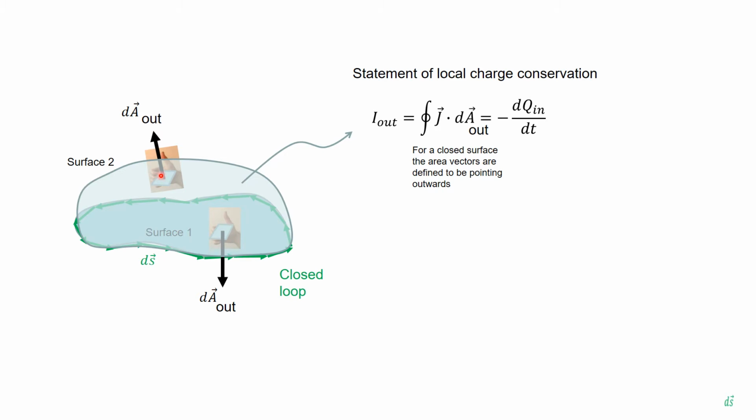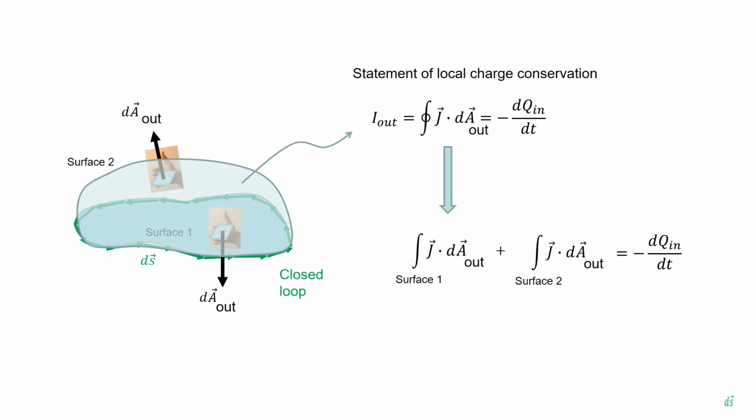So that's why the area vector here has to point this way, and the area vector here has to point downwards, because it has to go from inside to outside. Now, if you cut up this integration over the closed surface into two parts, the integration over surface number one of J.dA and the integration of J.dA through surface number two, the dA vectors have to be pointing from inside to outside for this to be correct. Now let's see a trick we can do here.